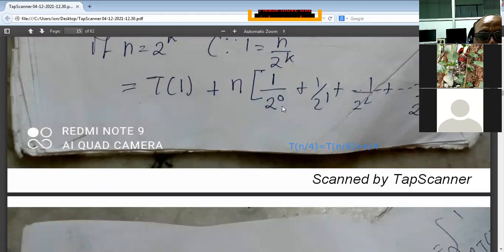Now how to calculate that? I will find out r. So what is r over here? 1/2 divided by 1/2^0, it will remain 1/2. 1/2^2 divided by 1/2, so remaining will be 1/2. 1/2^3 divided by 1/2^2, so remaining will be 1/2. So r is equal to 1/2.